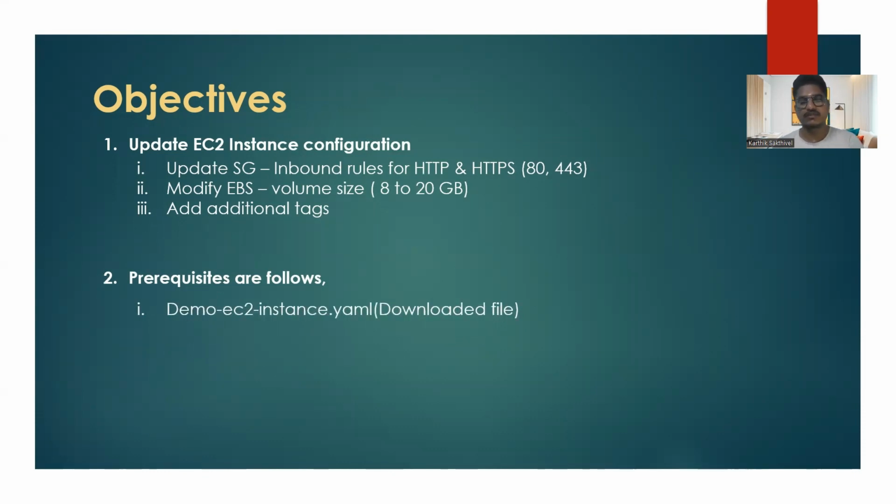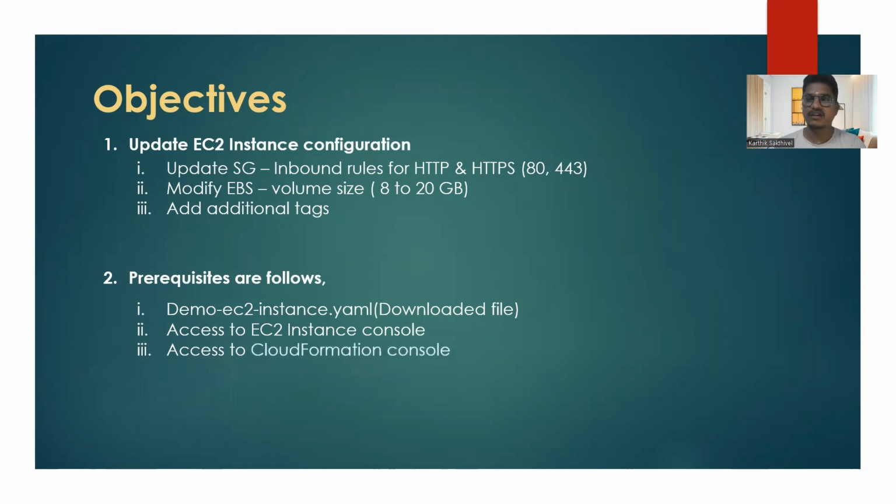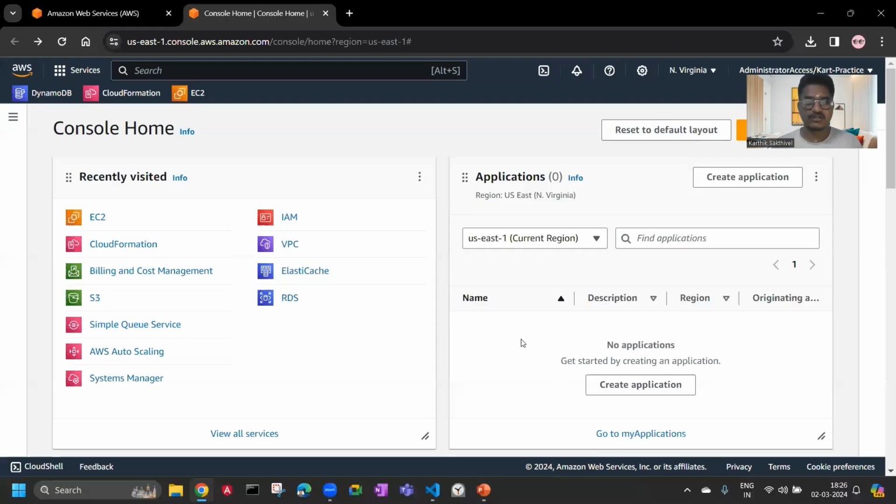To do these activities, there are some prerequisites: we need to download the YAML file which IaC Generator provided, and we also have to have access to both the EC2 instance console and the CloudFormation console. So let me jump into the AWS CloudFormation console.